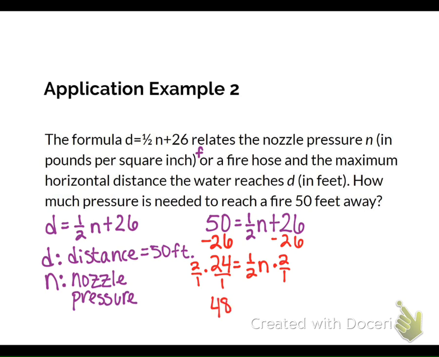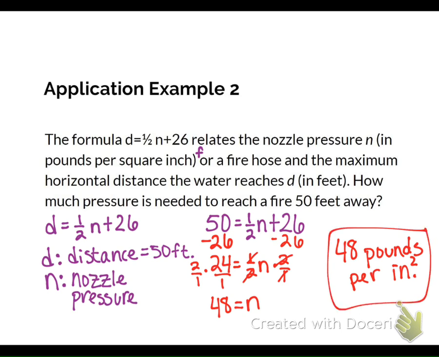That would give us that 48 is equal to n. Okay, or that our pressure is 48 pounds per square inch, or per inch squared. Make sure you're answering the question being asked, including your units.